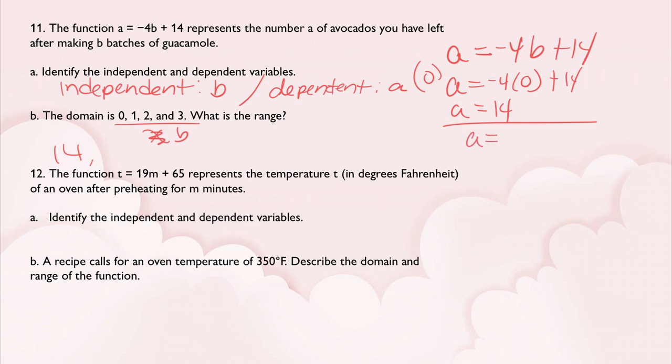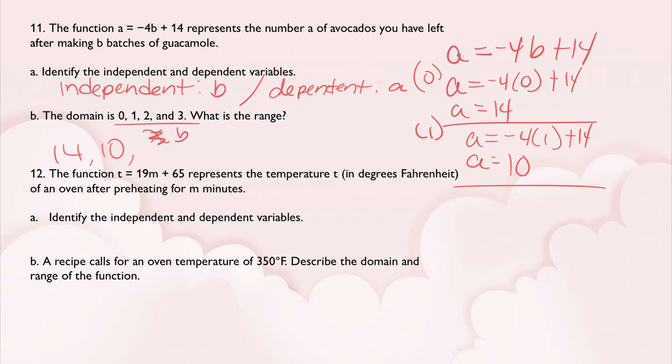So it's going to be A equals negative 4 times 1 plus 14. What is A when the domain is 1? What's negative 4 times 1? And negative 4 plus 14 gives me? 10. So my second range is going to be 10.